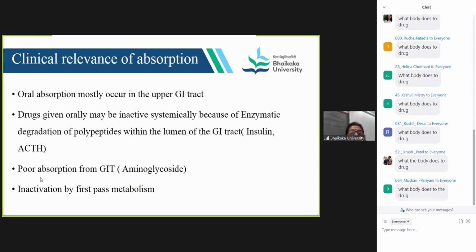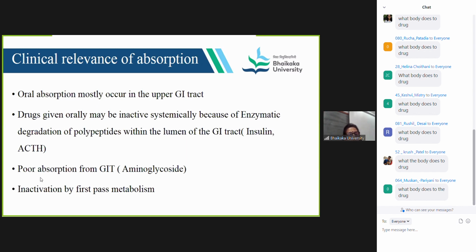Poor absorption from the GIT: there are certain groups of drugs that have poor absorption from the GIT. One example is aminoglycoside antibiotics. With poor absorption from the GIT, there is no use of the drug given orally, so one has to change the route.